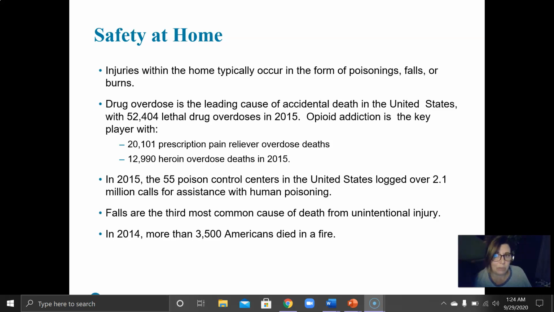Over 20,000 of those deaths were prescription pain reliever overdose deaths. So they're medications that have been prescribed by doctors, and people have experienced poisoning overdose as a result. In 2015, the 55 poison control centers in the United States logged over 2.1 million calls for assistance with human poisoning.